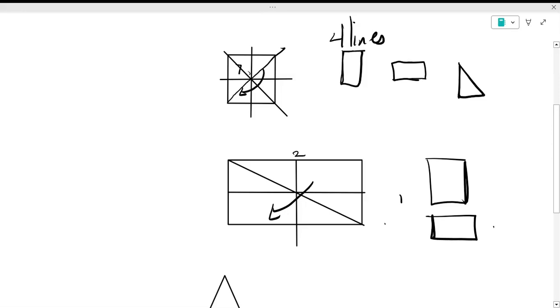If we try to fold this, we get something like this. Now, this long part tries to come here. It's kind of messy, so it doesn't work. Actually, it doesn't work, and that's why this diagonal line here is not a line of symmetry for a rectangle.